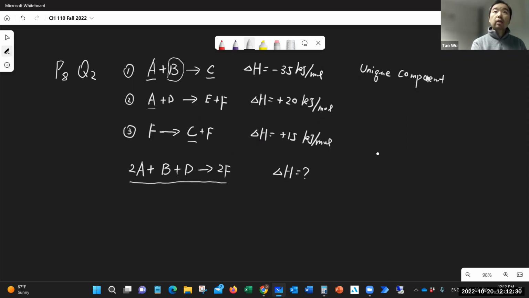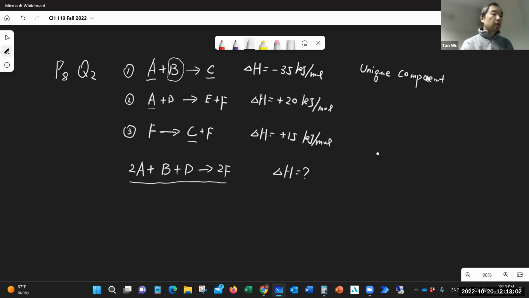That makes sense, right? So in the first equation we don't have to modify anything. We don't have to times it by 2 or 3. If we times by 2, we would have 2B on the left side, but we only have 1B. So for the first equation you don't have to do anything, you just keep it as it is. That is why you need to find the unique component, and then based on its coefficient modify what you need.